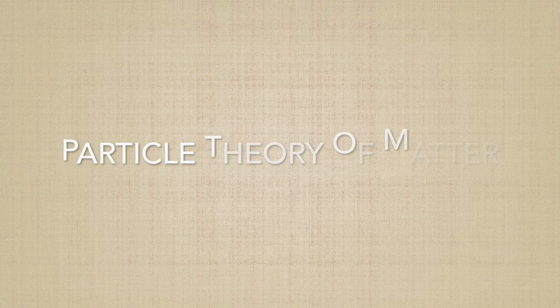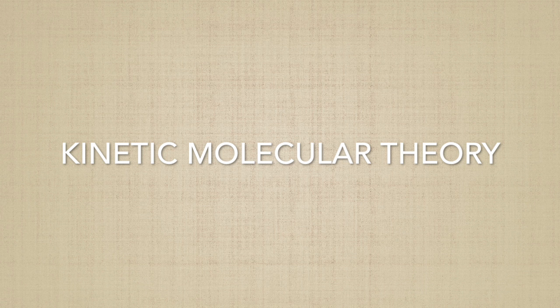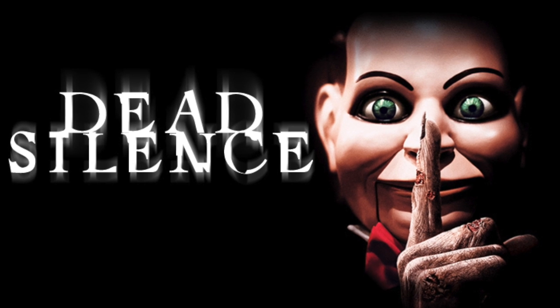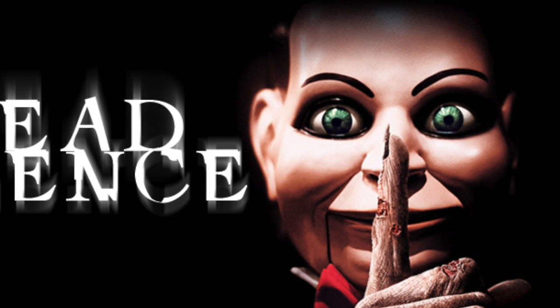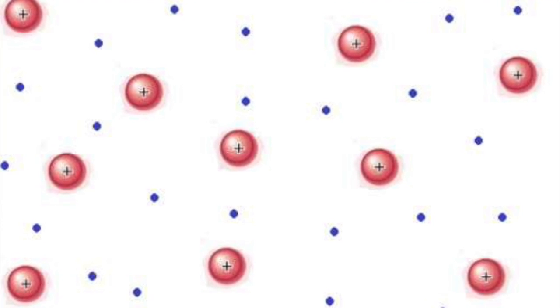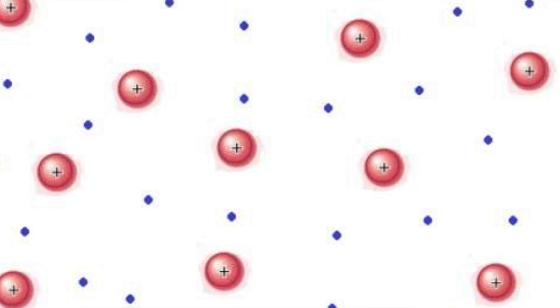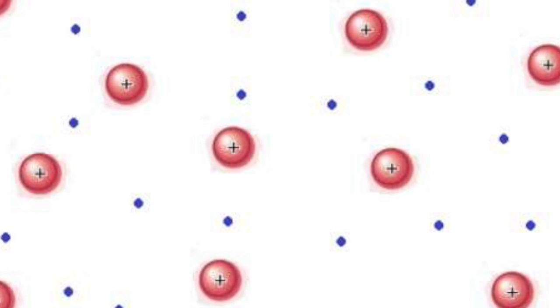Two relevant theories, the particle theory of matter and the kinetic molecular theory, will help analyze if sound waves ever settle down and whether or not reaching dead silence or complete silence is possible. The particle theory of matter essentially explains that all matter is made of tiny particles and that these tiny particles are always moving, similar to perpetual motion.